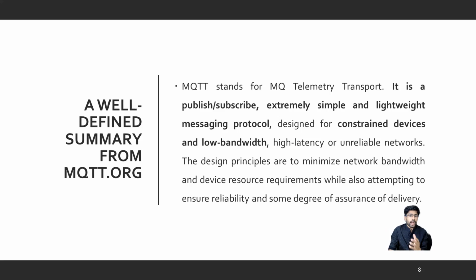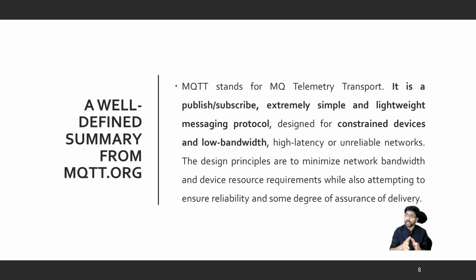Of course, in IoT, most of the time you can accept latency, and you can also tolerate unreliable networks, because the data coming from the devices, I mean sensor data, hardly changes frequently, right? The design principles are to minimize network bandwidth and device resource requirements, while also attempting to ensure reliability and some degree of assurance of delivery.